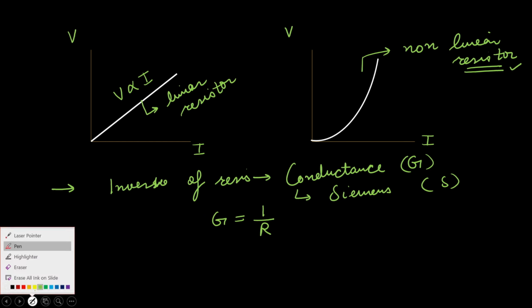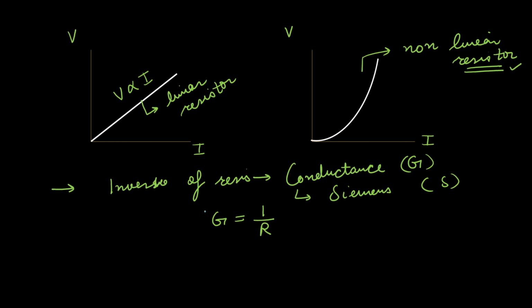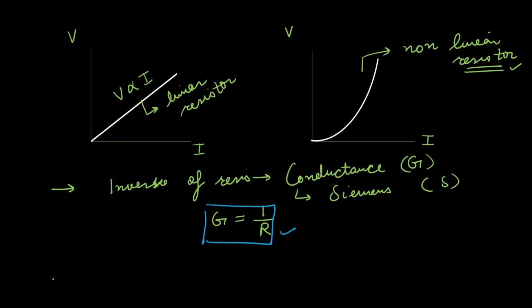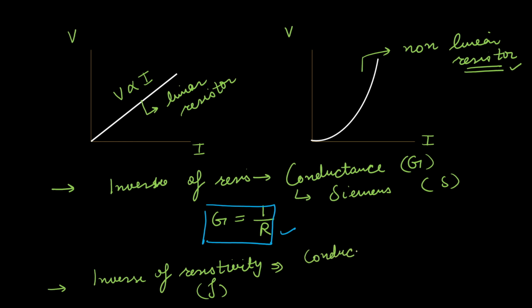This is another important expression that you need to remember. Similarly, the inverse of resistivity rho is conductivity, which is denoted by the letter sigma.